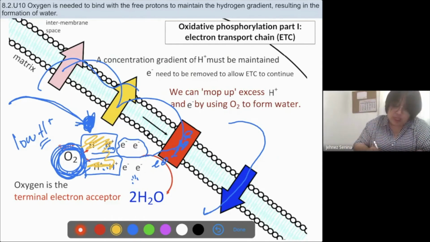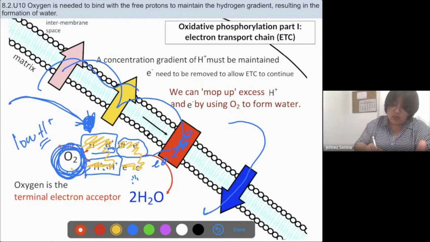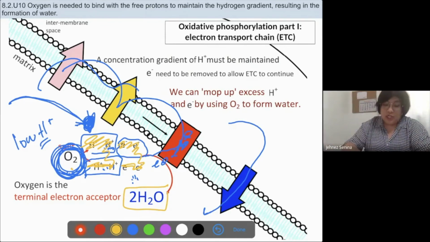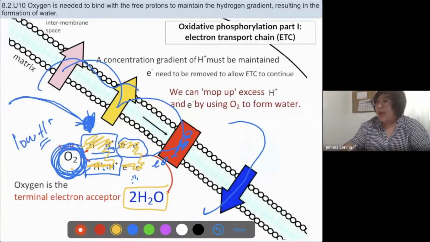It also accepts electrons so that the flow will continue. Oxygen accepting protons and electrons will form water molecules. So this is where water comes from. Last time we said it's amazing how cellular respiration produces water. This is where that water is formed. So oxygen is your terminal electron acceptor.